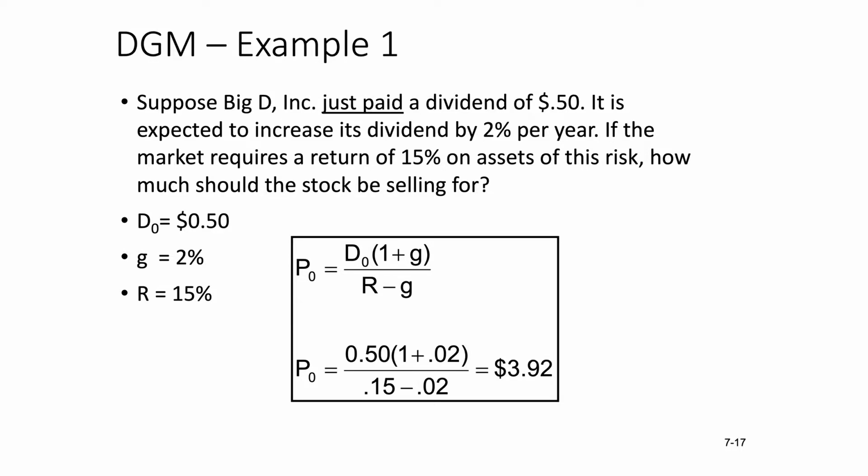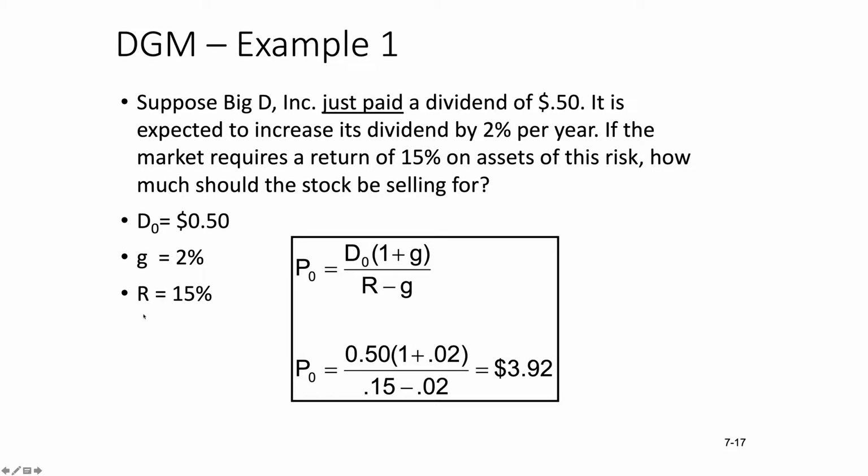First, let's look at the input, 0.50. Is that D0 or D1? It's just paid. Oh, it's the last dividend, isn't it? So you are given D0, which is 50 cents. Growth rate, 2%. Required rate of return, 15%.